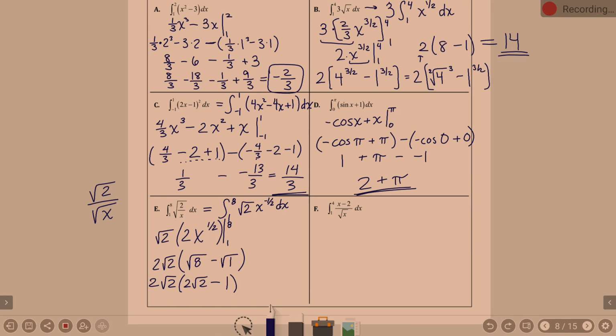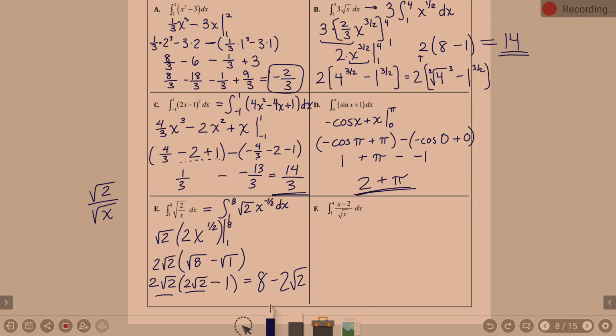You could possibly leave it like this if you distribute it. Here's a challenge: 2 square root of 2 times 2 square root of 2?